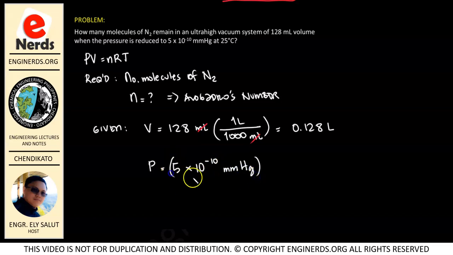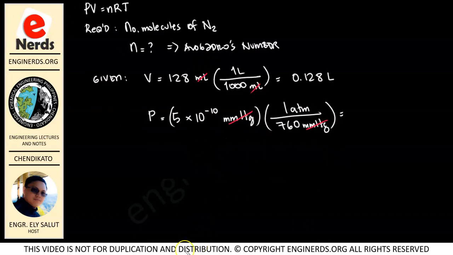And then, given also is our pressure, which is 5 times 10 to the negative 10 millimeter mercury. Let us convert that into atmosphere. So, we have 760 millimeter mercury for every 1 atmosphere. Right? So, our millimeter mercury will be cancelled out. So, our answer will be expressed in atmosphere.